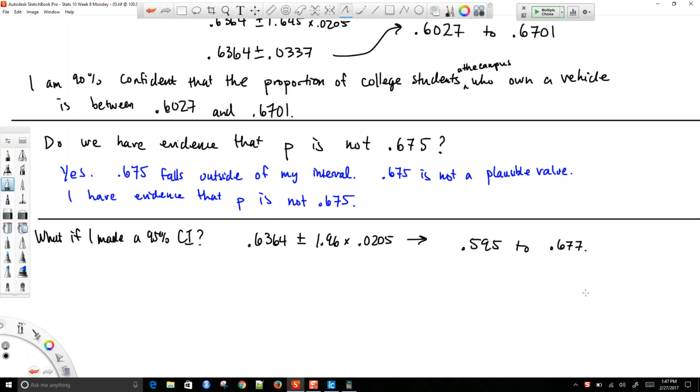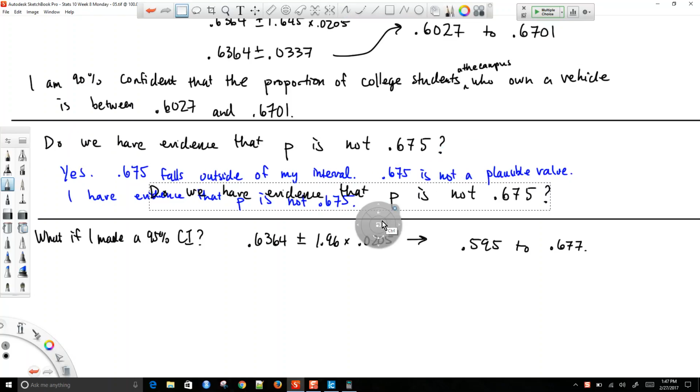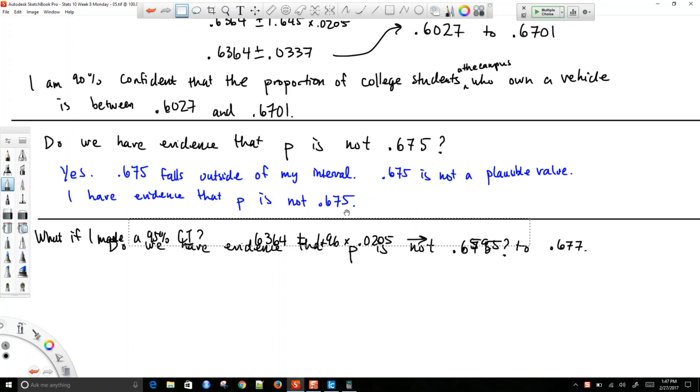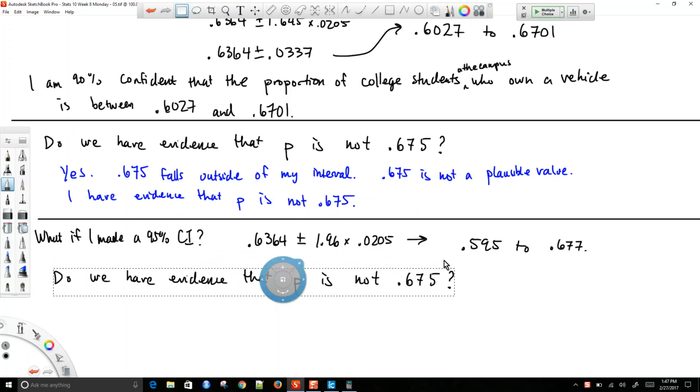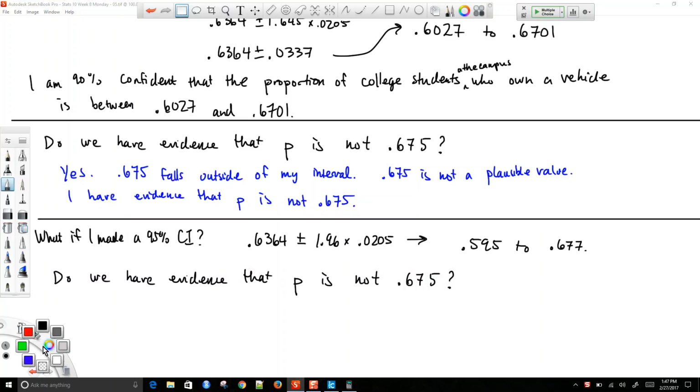Now if I ask this exact same question, do we have evidence that P is not 0.675, what happens to my answer? My resulting confidence interval is now 0.595 to 0.677, and now my answer is, oh no, 0.675 is inside the interval.